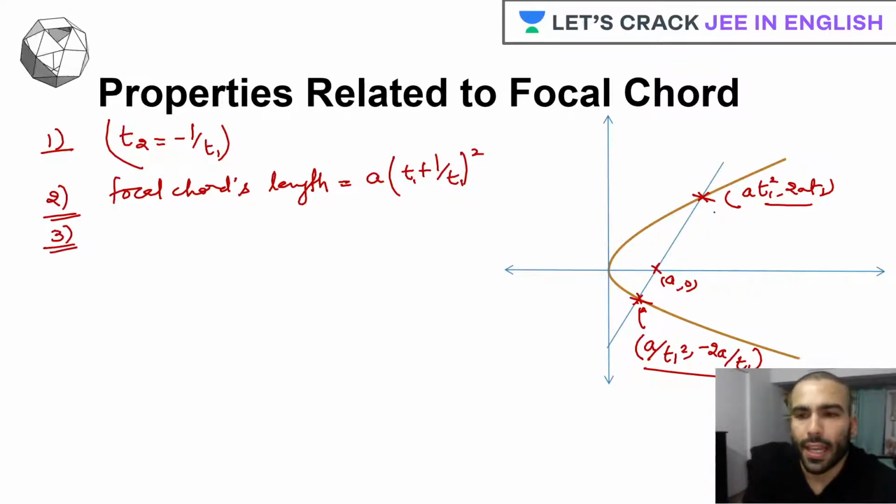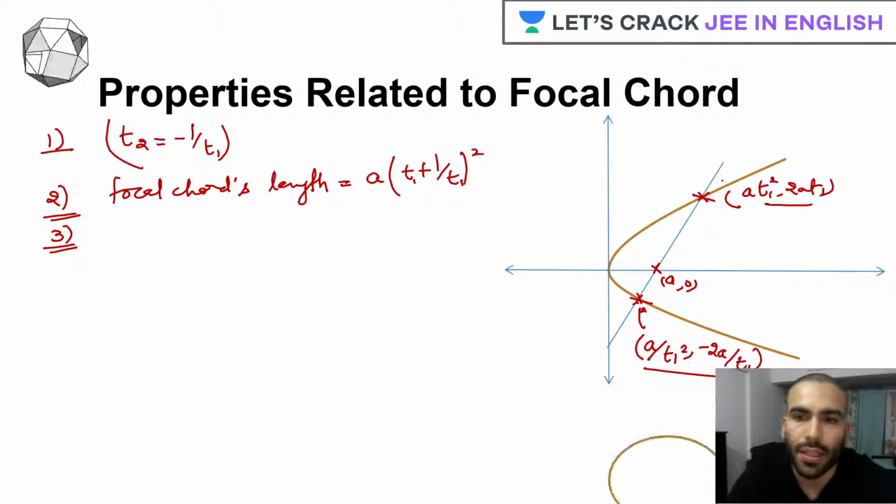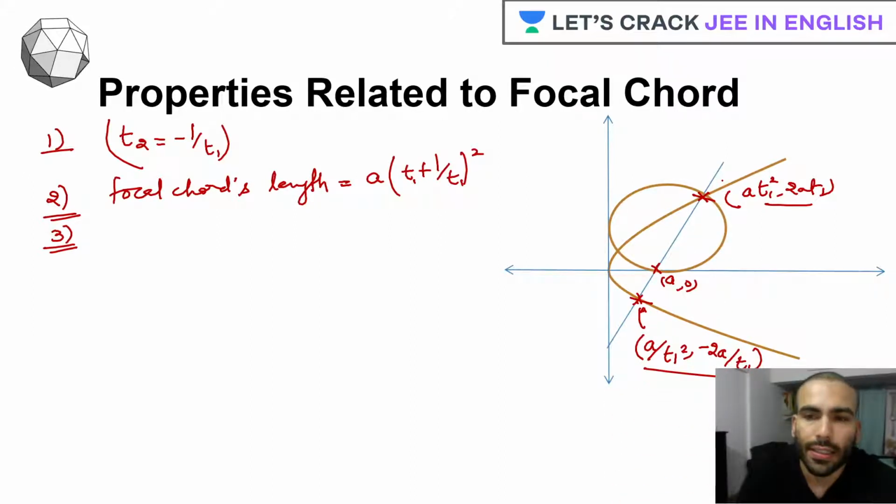Now the third property is, if you consider the point a t1 square comma 2a t1 and another point a comma 0, basically the focus, and take these 2 points as the extremities of a diameter and draw a circle, then this circle will certainly touch the tangent at the vertex of the parabola.